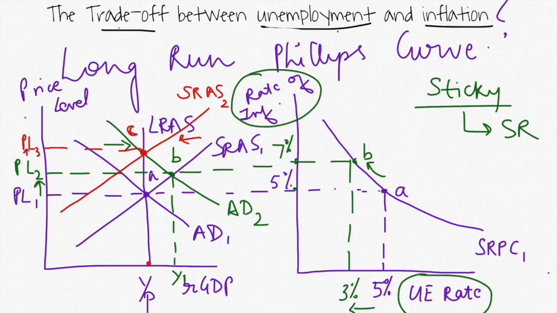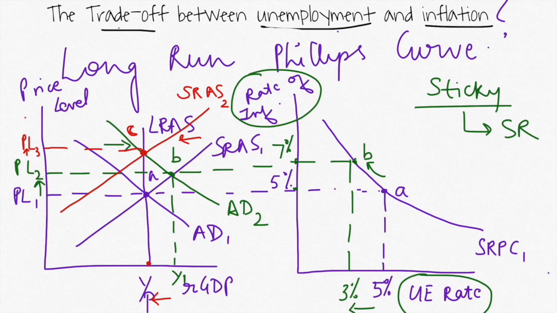So there's an increase in price level to PL3, but real GDP has come back to potential. Real GDP has fallen again to potential, and the rate of unemployment will now return to the previous rate of unemployment, which was 5%, right? We earlier had the 5%. So the unemployment rate has again decreased.